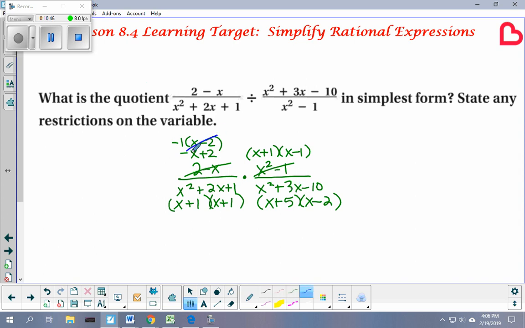So x minus 2 will cancel with x minus 2. X plus 1 in the numerator will cancel with one of the x plus 1 terms in the denominator. So I'm left with negative 1 times x minus 1 over the factors x plus 1, x plus 5.